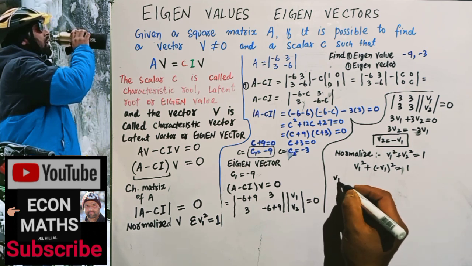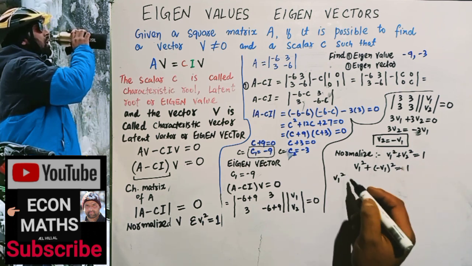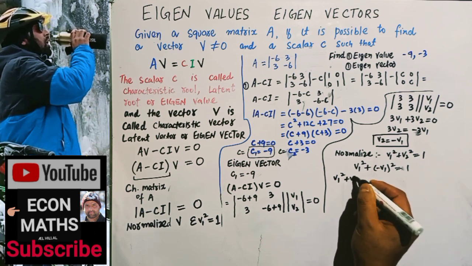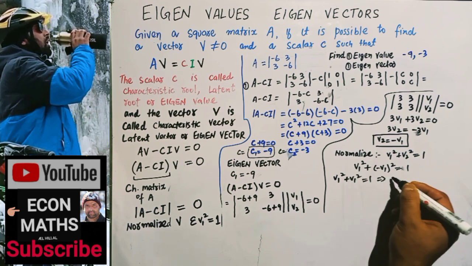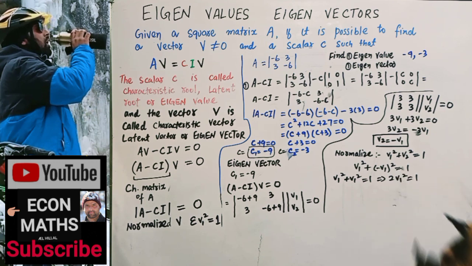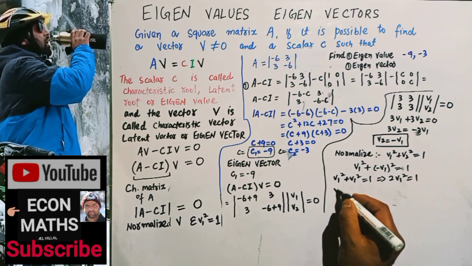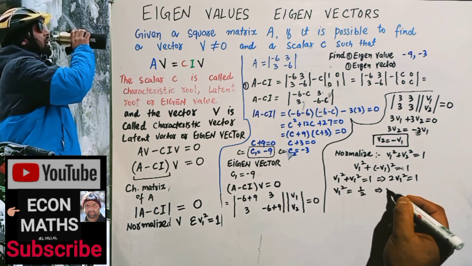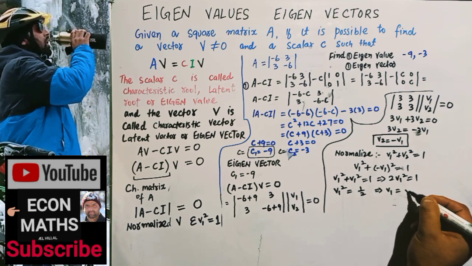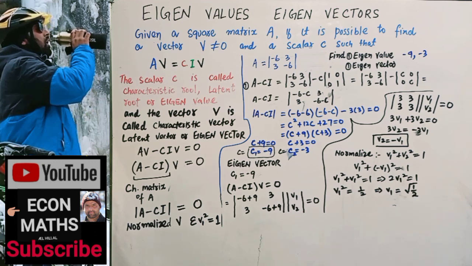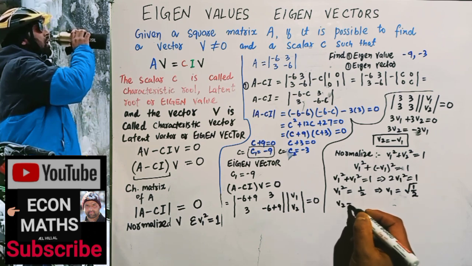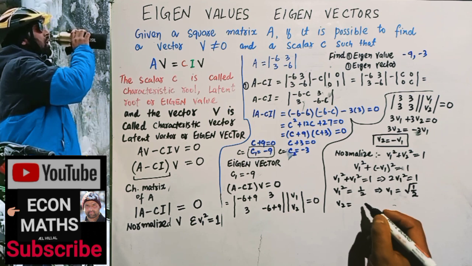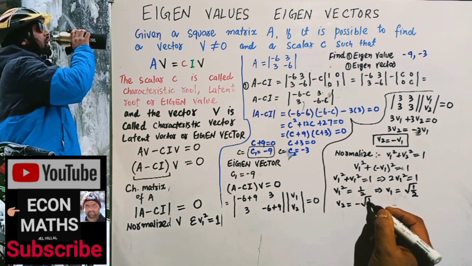So this gives us v1 square, square of a negative number is always positive, plus v1 square is equal to 1, which implies twice v1 square is equal to 1, which gives us v1 square is equal to 1 upon 2, which implies v1 is equal to, let's take only the positive root here, under root 1 upon 2. And also we know that v2 is equal to minus v1. So we will have minus under root 1 upon 2.